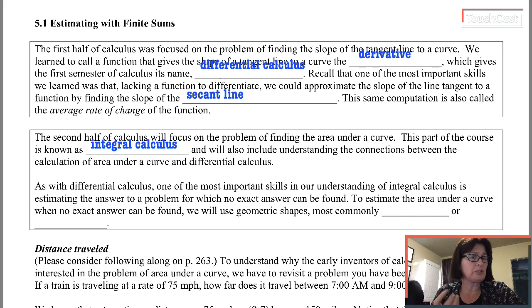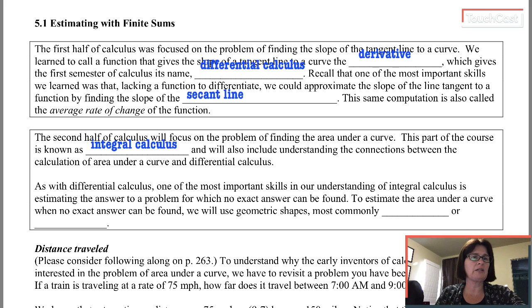You'll recall from geometry that you can take a larger area and split it up into smaller pieces. You could find the areas of those smaller pieces and add them up, you'd get the area of the whole. We're going to use a similar idea. We won't be able to find an exact area, and we won't have any geometry shapes that we'll be able to break the pieces up into, but we'll use an estimate based on trying to fill in those areas with, most commonly, rectangles and trapezoids.